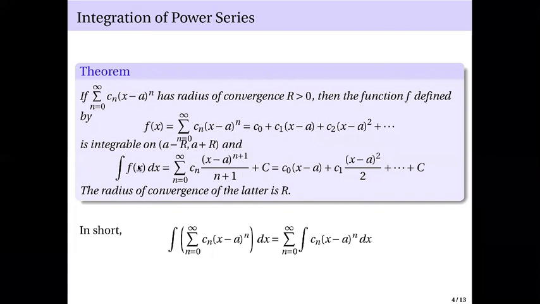And also, the radius of convergence of this series here is also r. Just like in the previous theorem, in short, if we want to integrate the power series, all we need to do is integrate term by term.